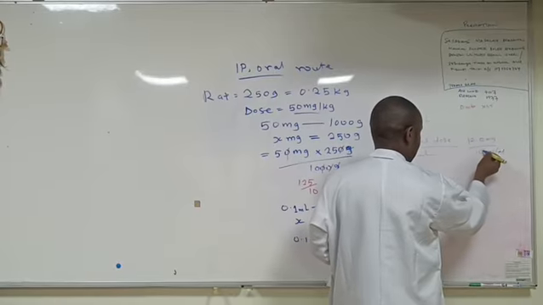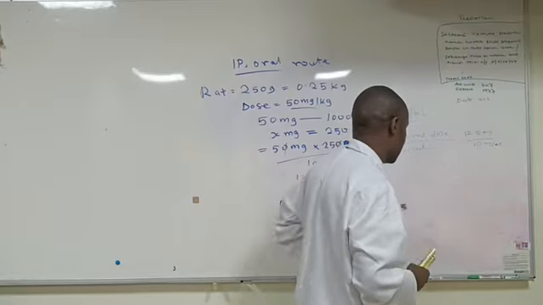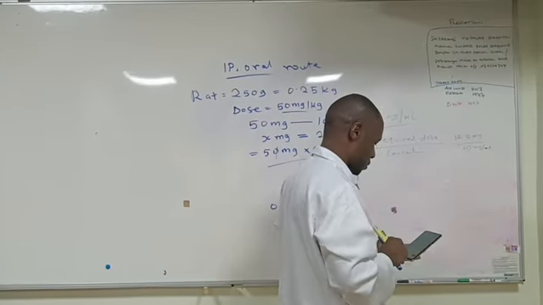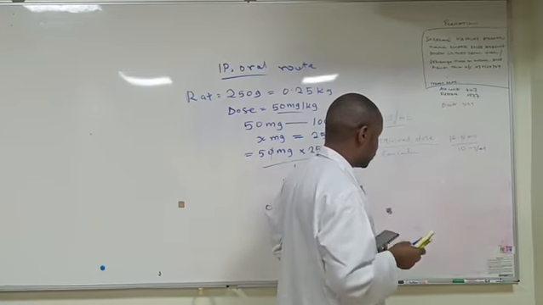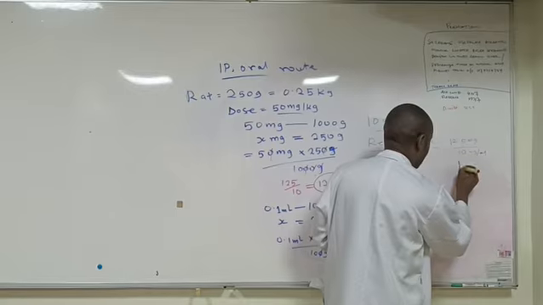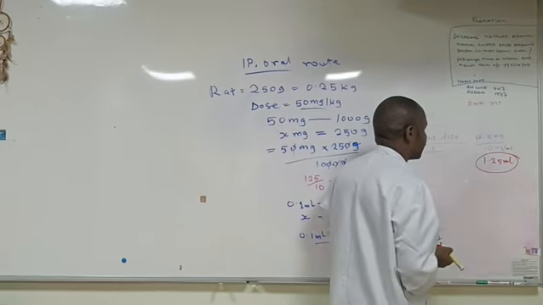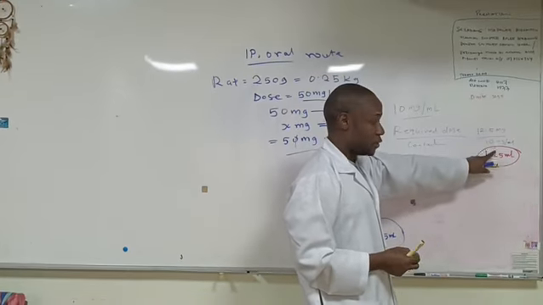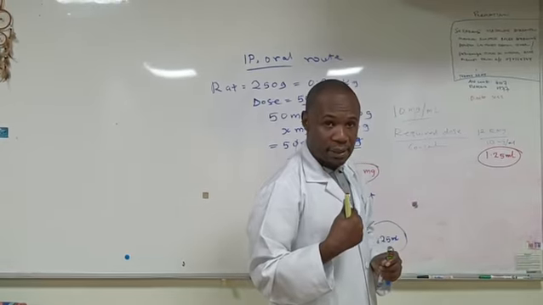So 12.5 by 10 will give you 1.25 ml. So it means this rat, if you are giving orally, based on what you constituted, you are giving 1.25 ml orally this time around.